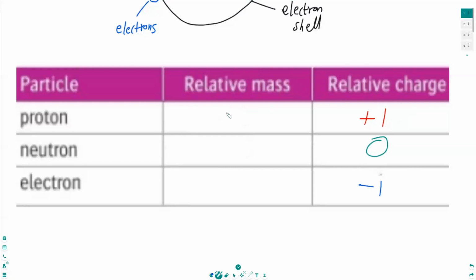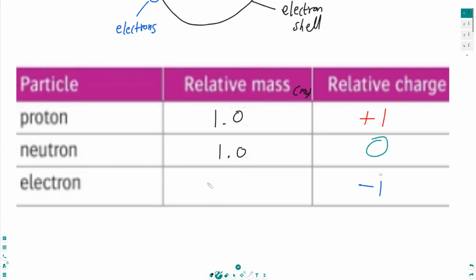Now, if we go to relative mass, protons and neutrons have the same relative mass of around 1 mass unit. And we write this as 1 mu. So mass units are the units we use to measure the relative mass of all subatomic particles.